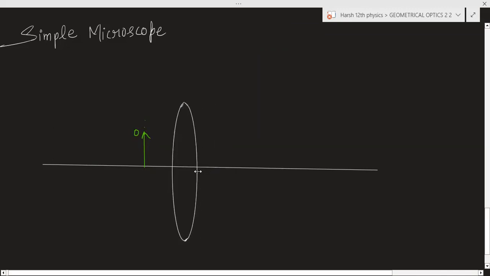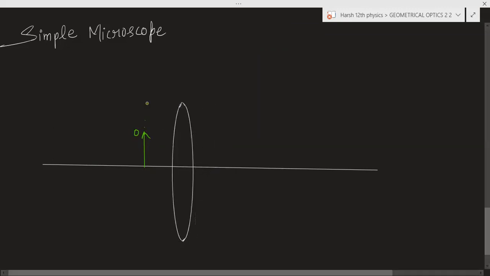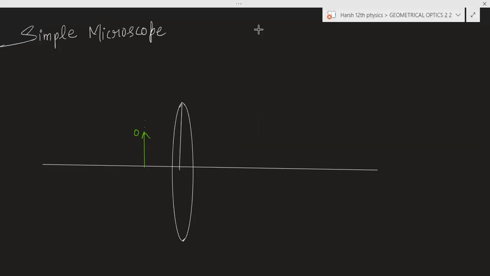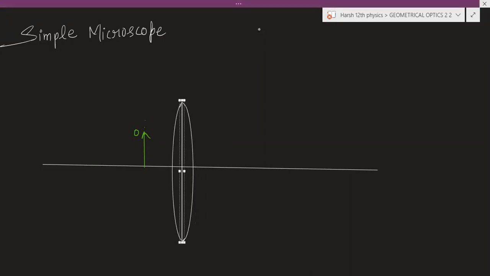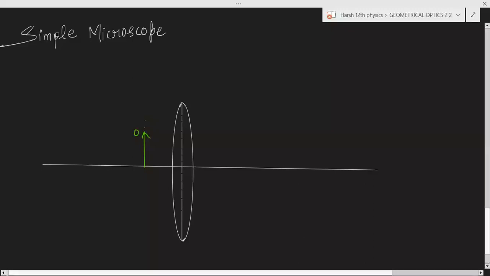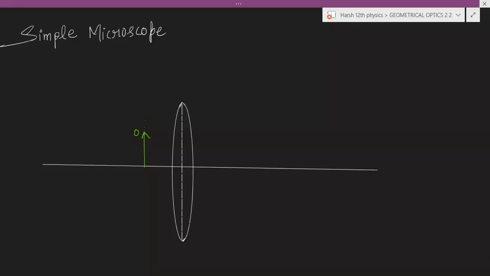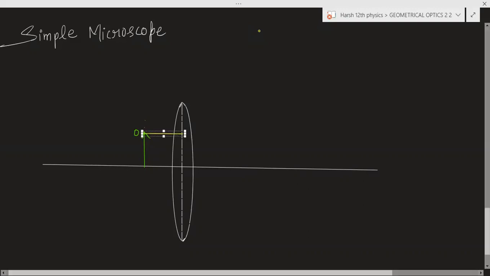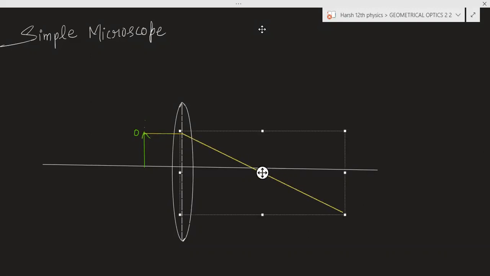In our syllabus, I told you we have very thin lenses. Now we will draw the image for this object. As this object is placed, the first ray from this object is parallel to the principal axis, and if a ray of light is parallel to the principal axis, it will pass through the focus of the lens.